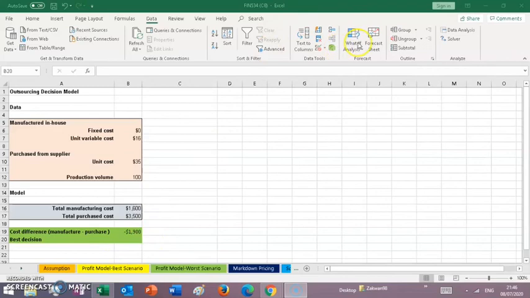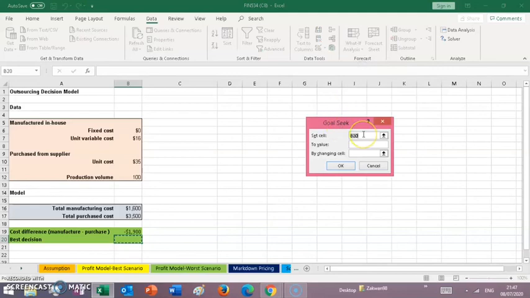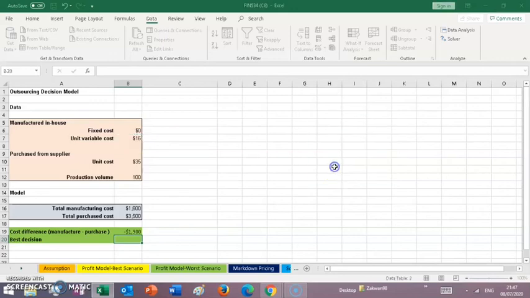So we go to what if analysis and goal seek. What we need to change is the cost difference, and value that I want is 1000 by changing unit variable cost, because this is the manufacturer in house.